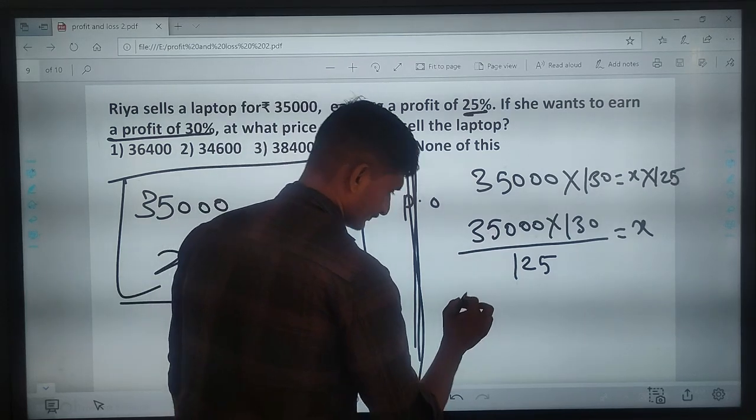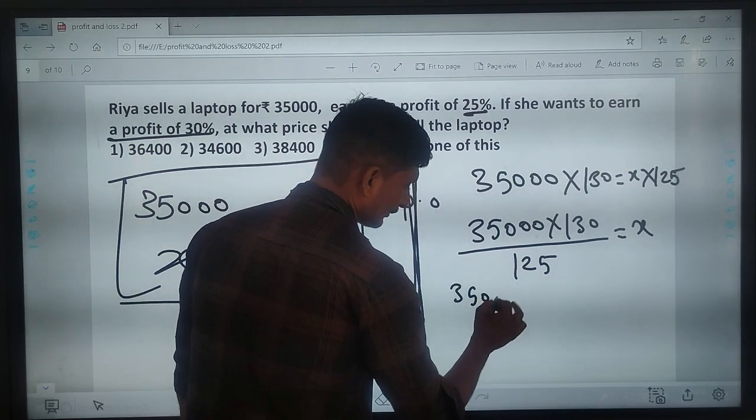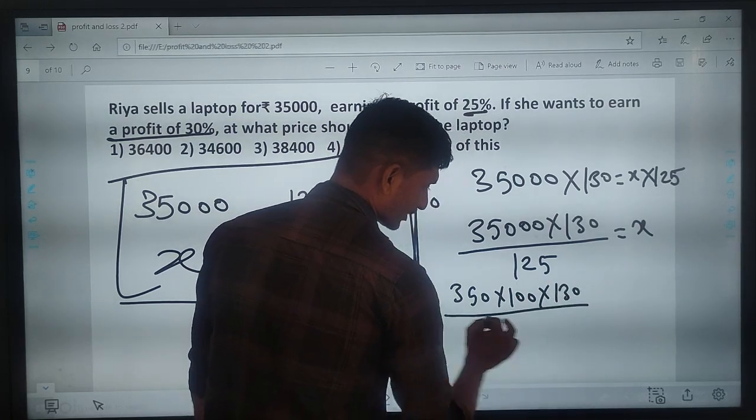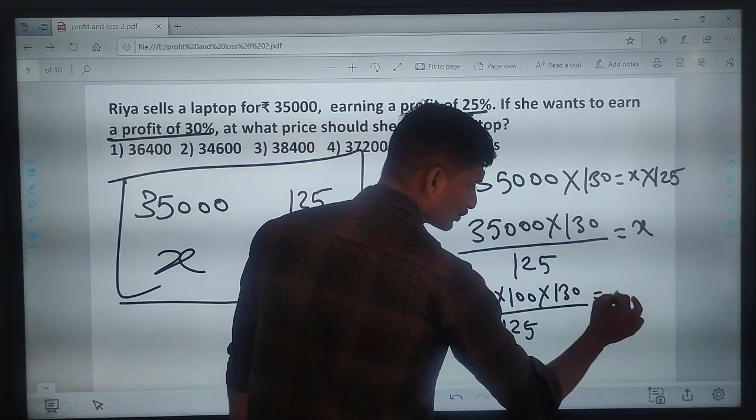Here we write 350 into 100 into 130 divided by 125 is equal to x.